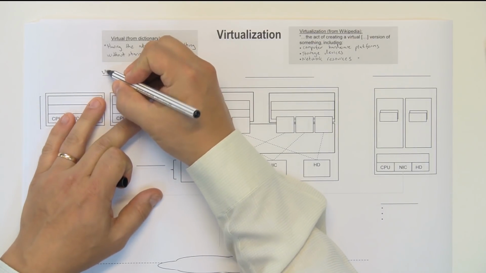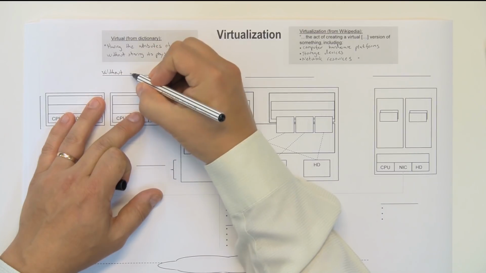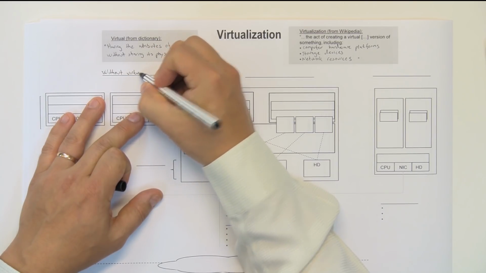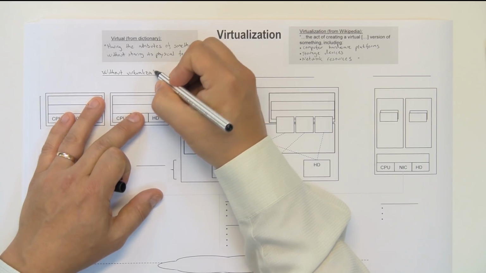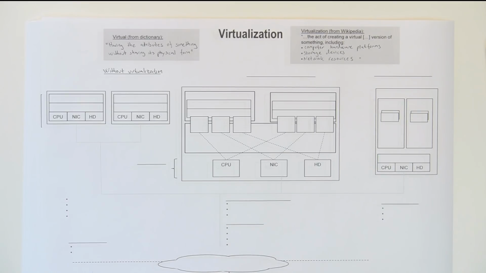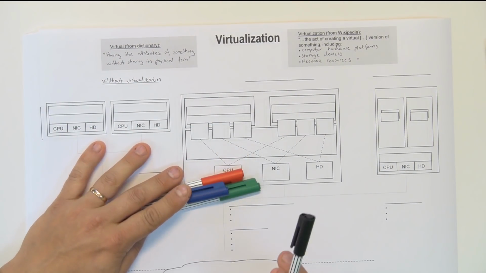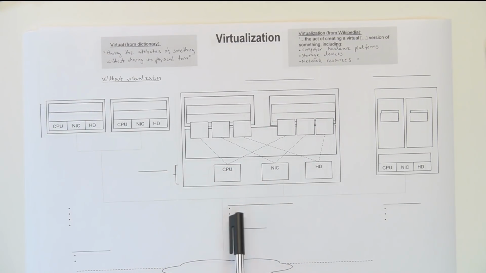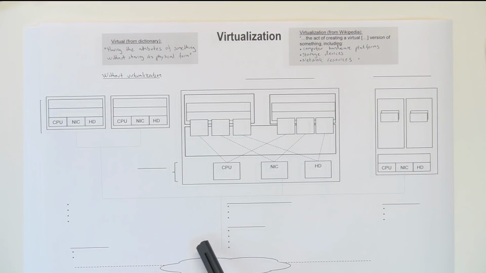So I will put here: without virtualization. All in black pen so far. We have our other lovely colors, but still black is the way to go, because I'm going to use those other colors for other things in a moment.